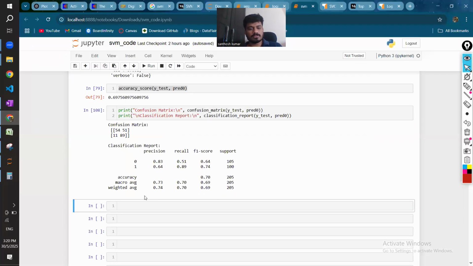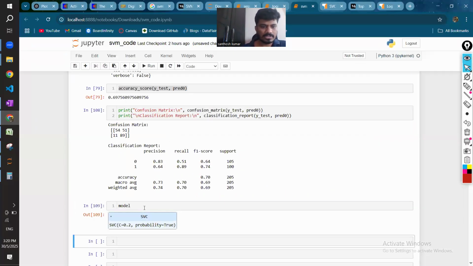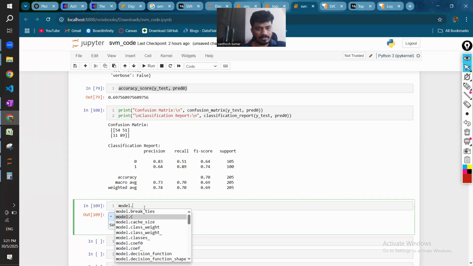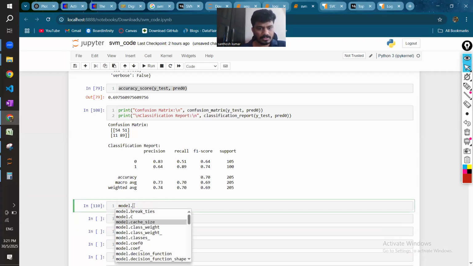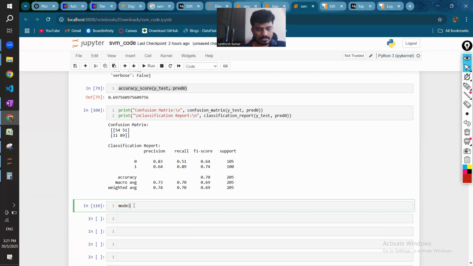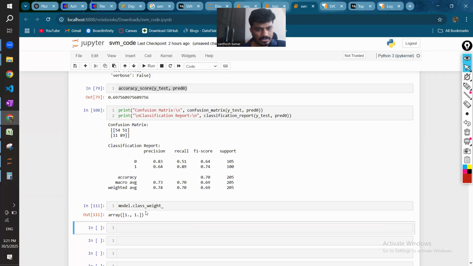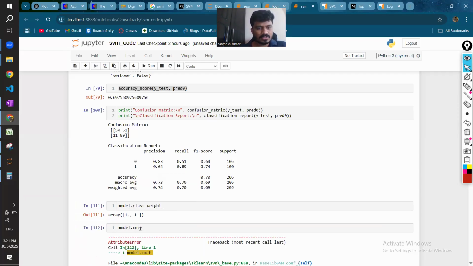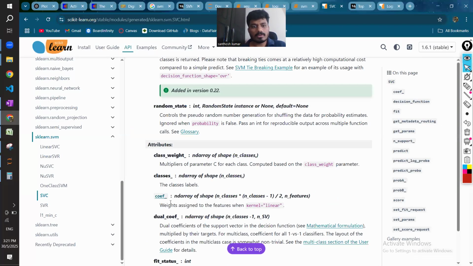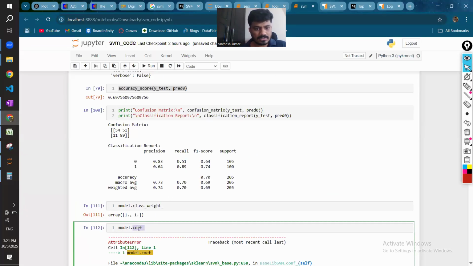For example, what is our model? Our model is SVC. If you just give dot and tab, it will give you all of this. Class weight: we did not give any weight, so the weightage of this is the same. If I try model dot coefficient, this is not having coefficient. What parameter shall we see? Classes we'll see.